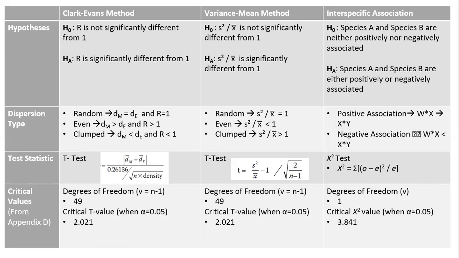This is supposed to be A0, A and arrow. Sorry about that. This for each test is explaining what you should have for each degrees of freedom, what you should have for each critical T value, your degrees of freedom are.